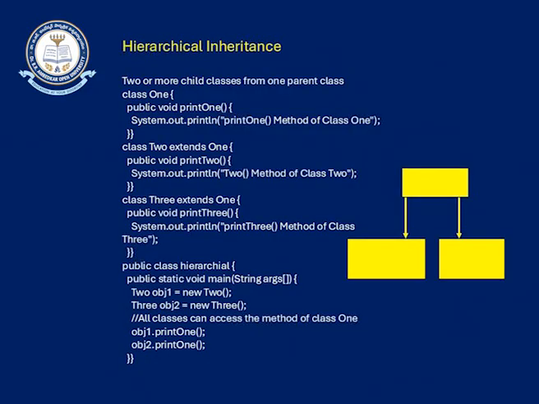I can create an object for 2 to access the properties of 2 as well as 1, and an object for 3 to access the properties of class 3 as well as 1. Like this we have hierarchical inheritance.